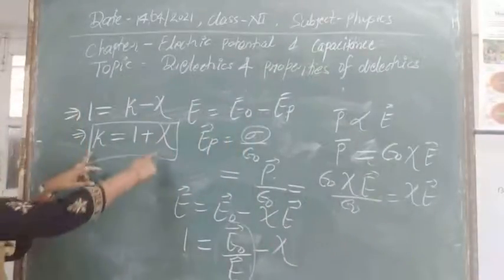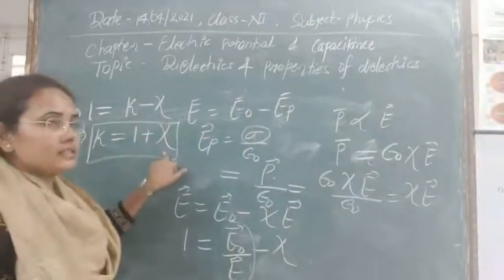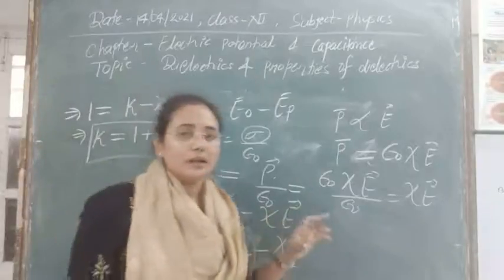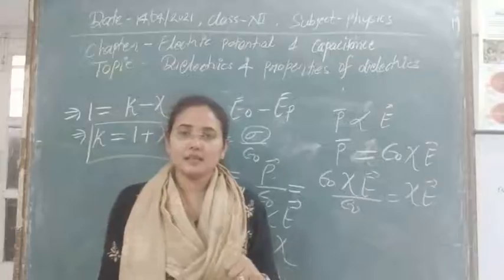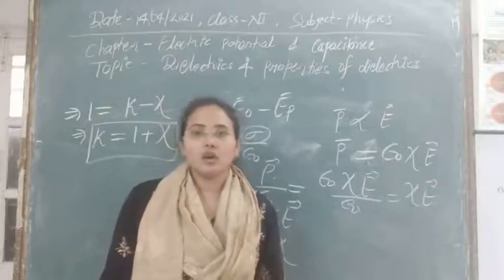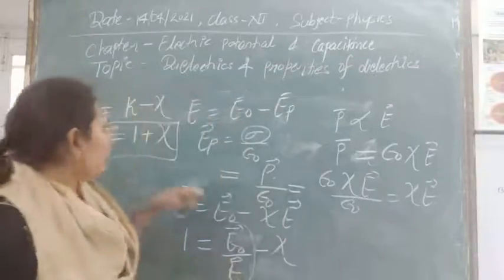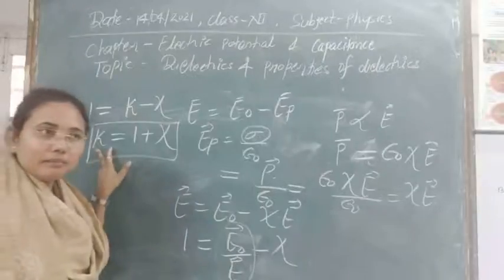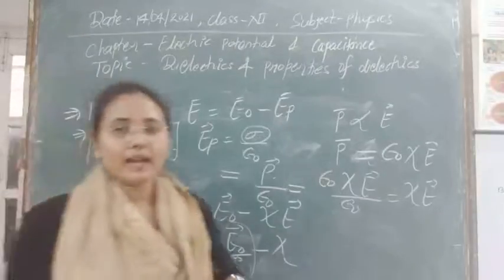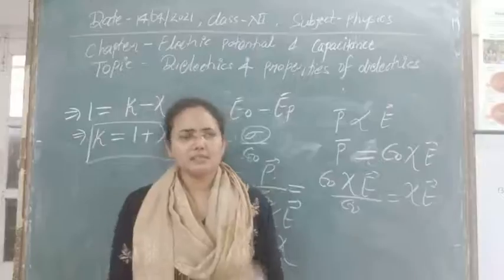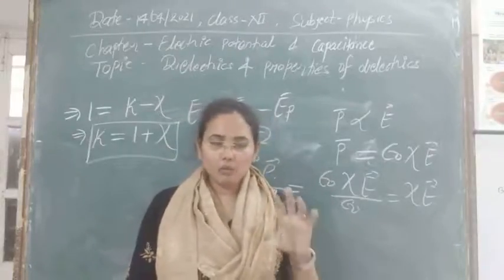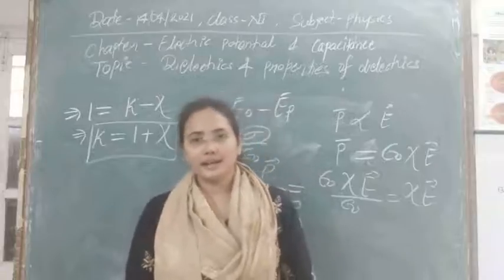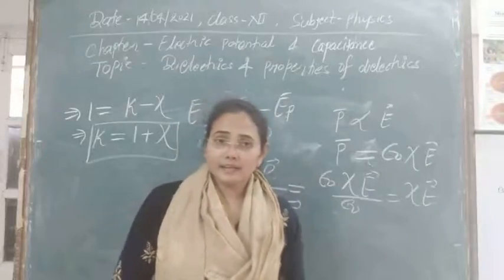Simply, we can see that whenever electrical susceptibility changes, meaning the value of polarization or electric field changes, then the ability of the medium to polarize also changes. The dielectric constant represents how much polarization can be generated inside a dielectric material.